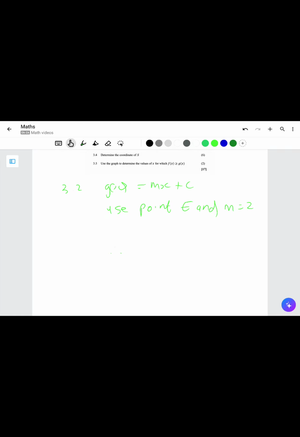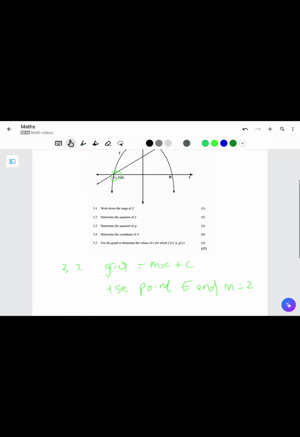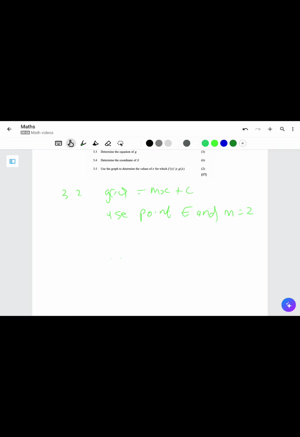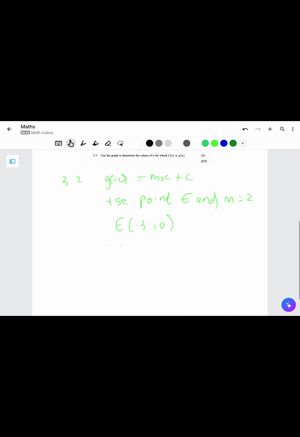Let's use point E and let's substitute it into g of x. So we know that E is negative 3 and 0, right? So let's do that substitution over there.